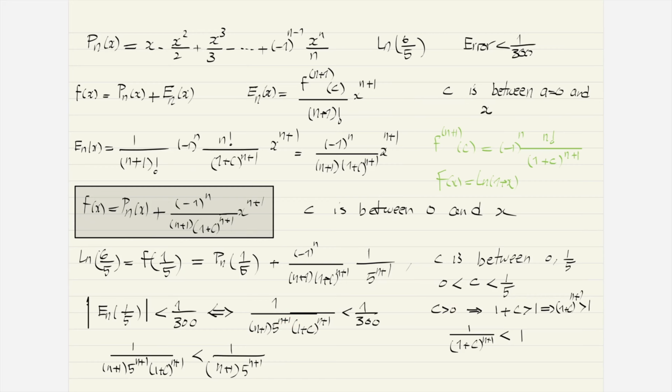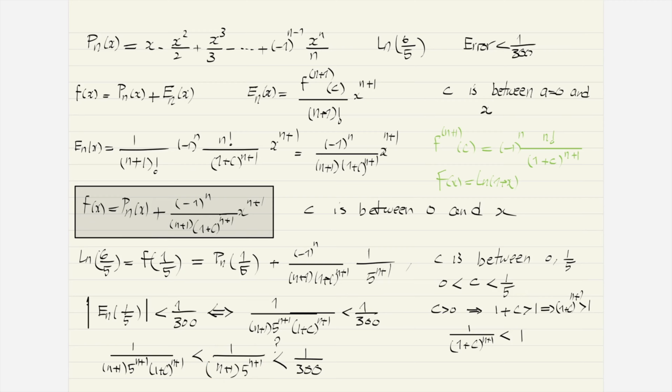So instead of making this one smaller than 1 over 300, if I can manage to make this one less than 1 over 300, my goal is achieved. Because if I make this one right, this one is less than this, and it will automatically be less than that. Still, this is not that easy to solve analytically, but it is easier than the previous one because at least here you have only one unknown involved, and that is n.